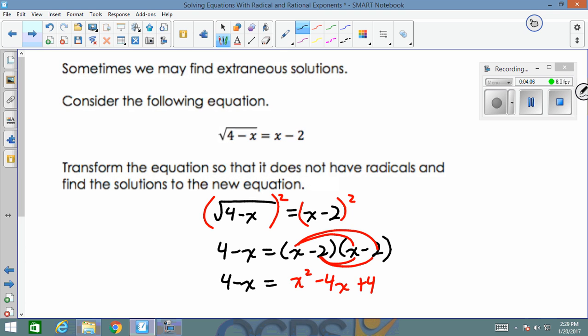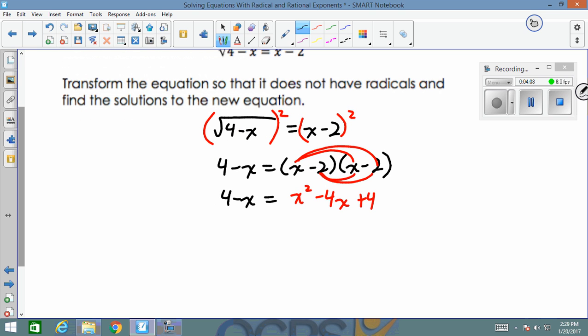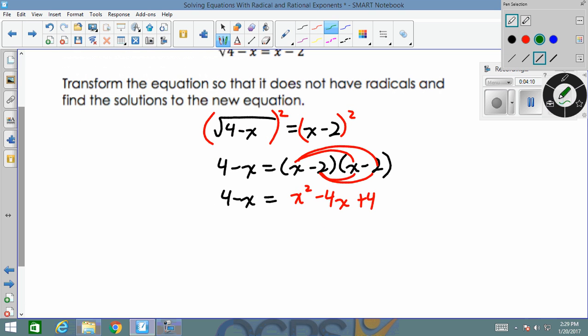Okay, we're going to move everything to the right-hand side where that square is. We're going to subtract 4, and add x. So those all cancel. We're going to get 0 equals x squared minus 3x. Remember the first rule of factoring, if you can factor out the HCF, do it.